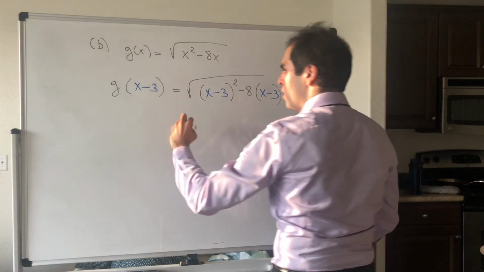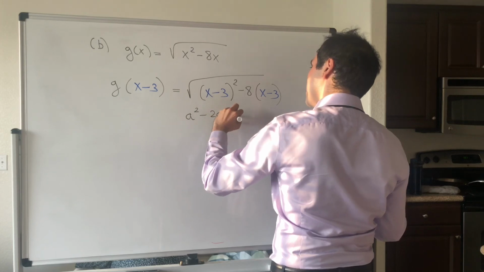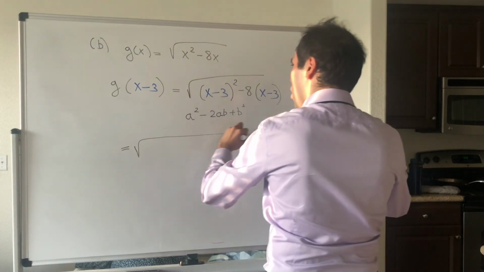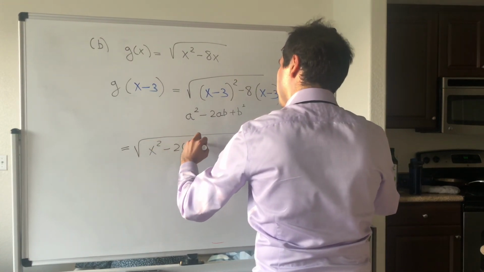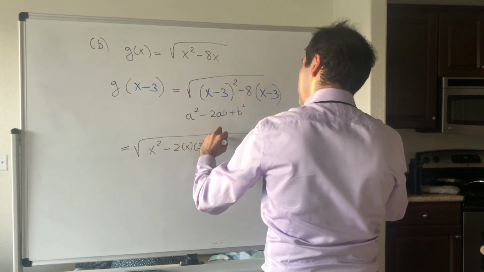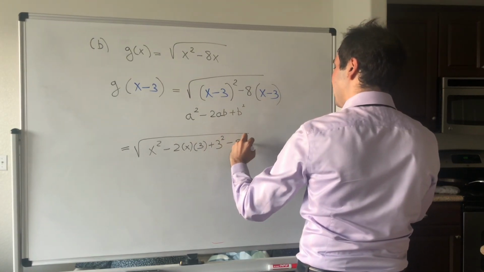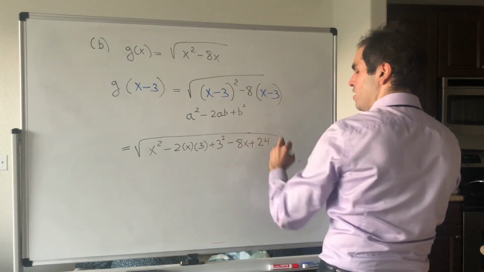Same rule as before: a squared minus 2ab plus b squared. So here we get square root of x squared minus 2 times x times 3 plus 3 squared, and you expand it out, minus 8x plus 8 times 3, which is 24.